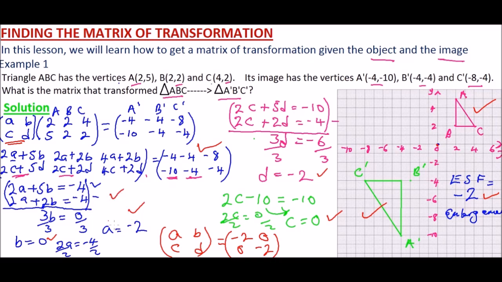Then you'll be able to get the values of the elements of the matrix that are used to transform the object. So that is how we get the matrix of transformation given the object and the image. We are going to do several examples so that you understand how to go about it.